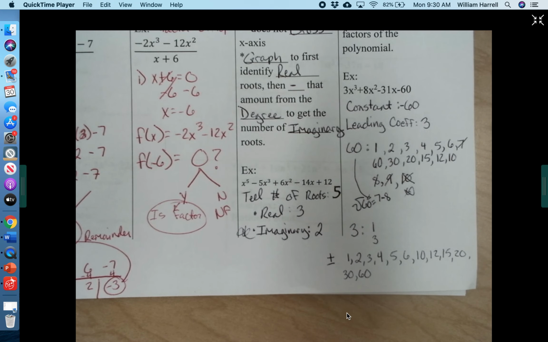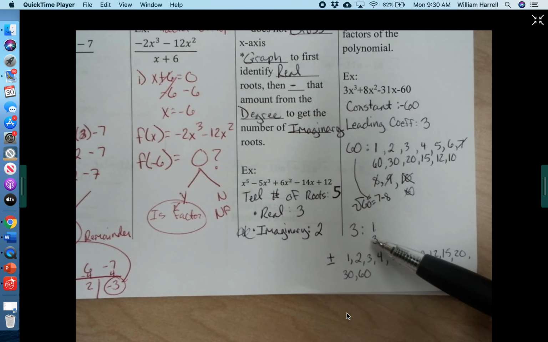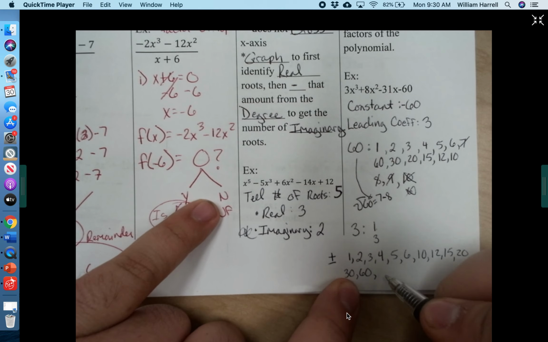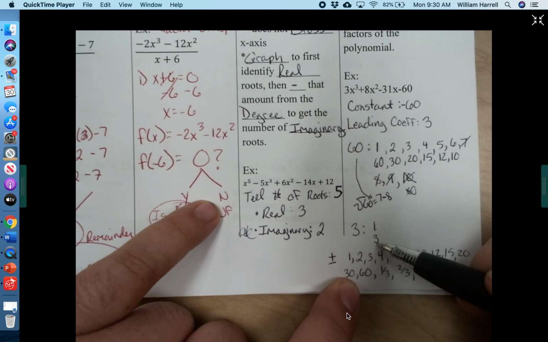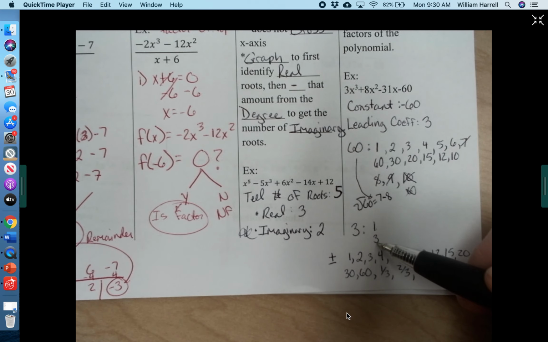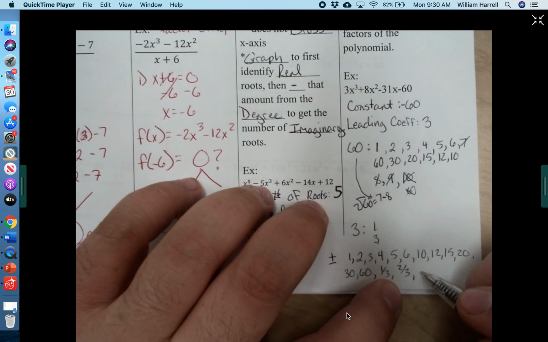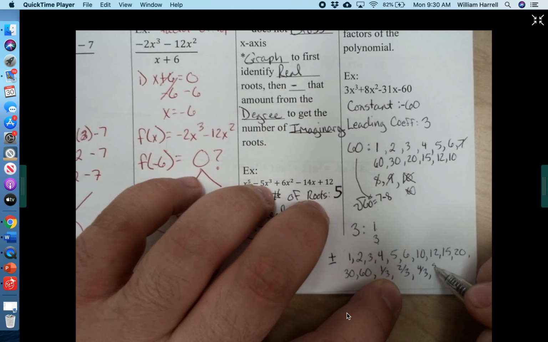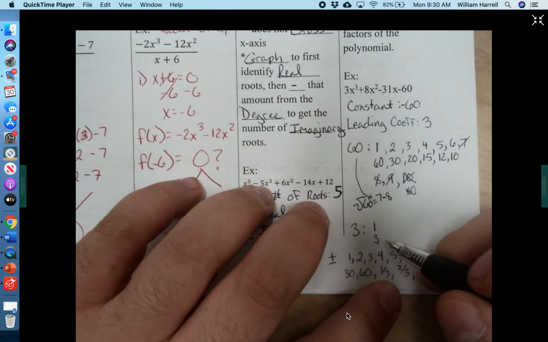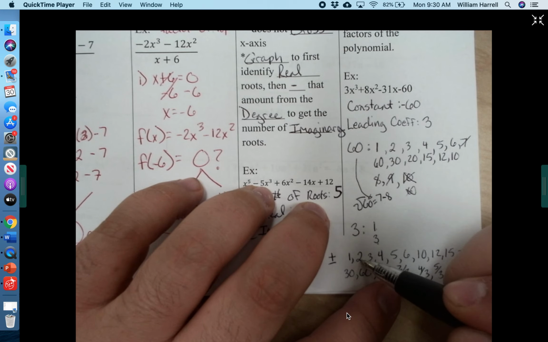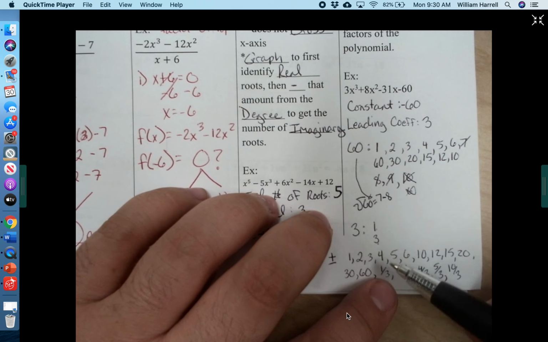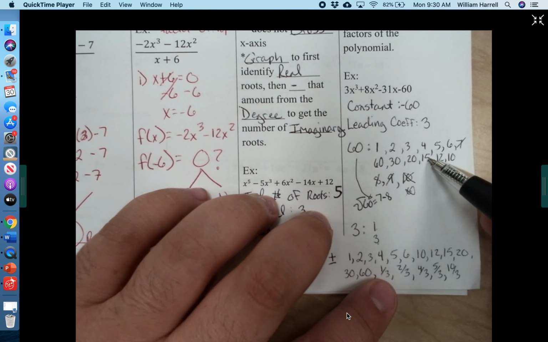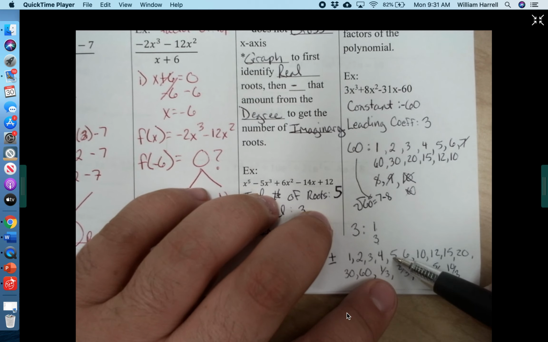Well, so now I'm still not even done because I only did 1. Now I have to go back and do all of these again with 3. All right, so 1 divided by 3 is 1/3. 2 divided by 3 is 2/3. 3 divided by 3 is 1, but if you look, I already have 1, so I don't need to rewrite it if it's going to repeat. 4 divided by 3 is 4/3. 5 divided by 3 is 5/3. 6 divided by 3 is 2, which I already have. 10 divided by 3 is 10/3. 12 divided by 3 is 4, which I already have. 15 divided by 3 is 5, which I already have.